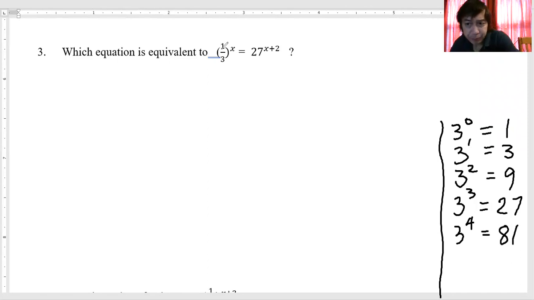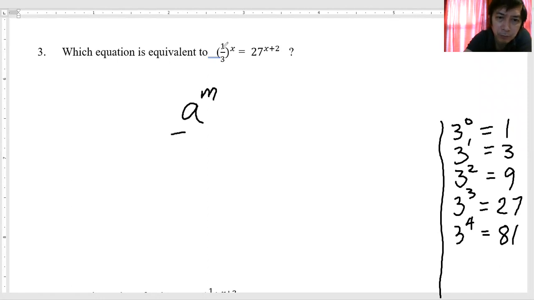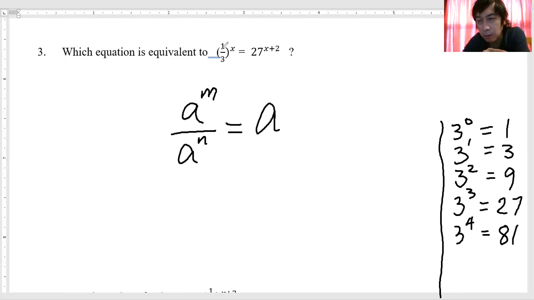Now, how about 3 to the 0? How come that is 1? How did you get 1 there? I'll show you. By the law of exponents, let's go back to the law of exponents. You have here a to the m divided by a to the n must be equal to a, in division of powers of a this time, m minus n.